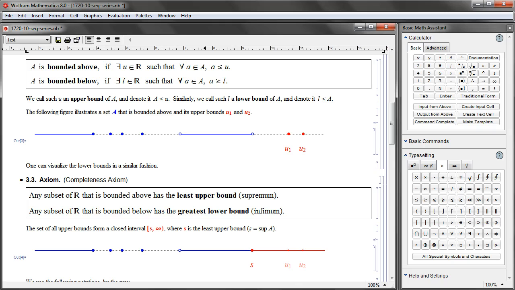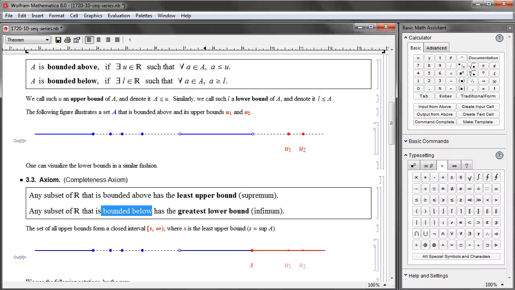Any subset that is bounded above has the least upper bound. If it is unbounded, then that's a different story. In that case, we have to say the least upper bound is an infinity, and infinity is not a real number, so you can say it does not have least upper bound. Same goes to the greatest lower bound. If the set is bounded below, then the greatest lower bound always exists.